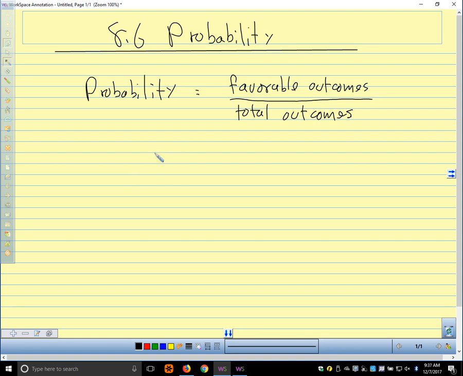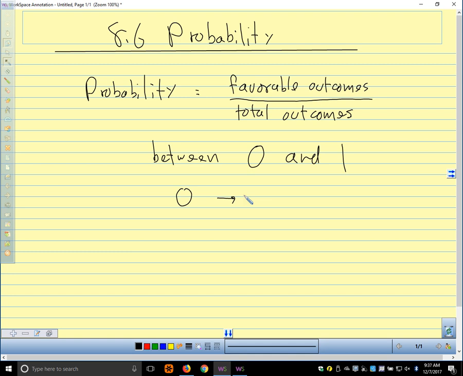Probability is going to be a fraction or a decimal between 0 and 1. And this includes 0 and 1, so it's 0 and 1 inclusive. And if our probability is 0, what does that tell us? If the probability of something is 0, it's not going to happen.